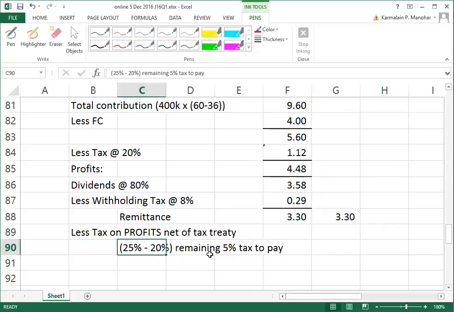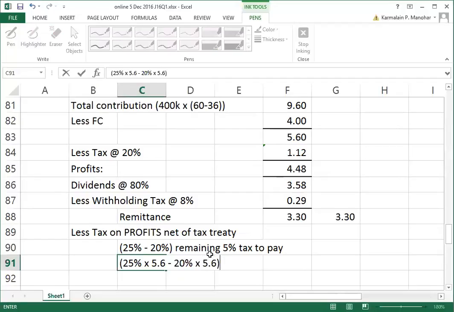All right, so again, the other way of working that is to have said 25% times the 5.6 minus 20% times the 5.6.